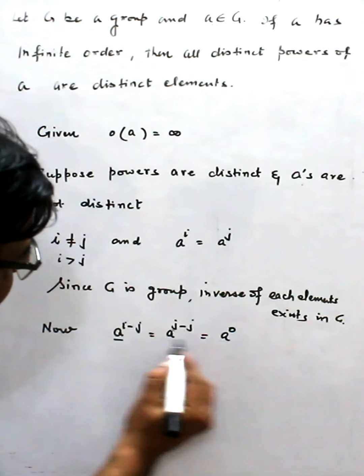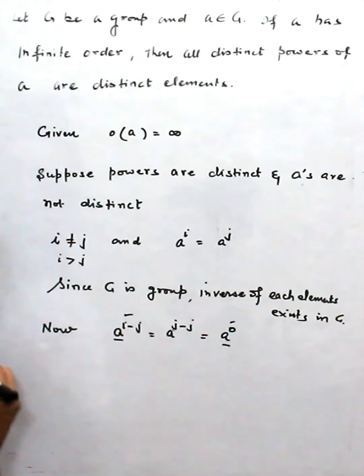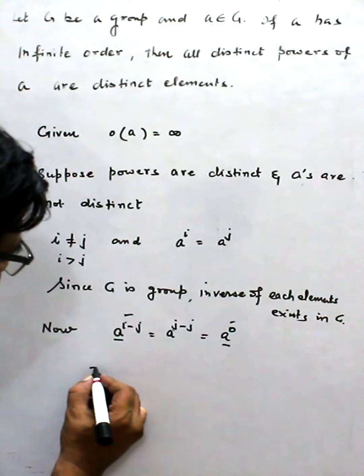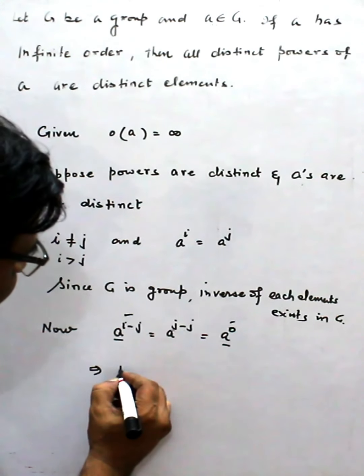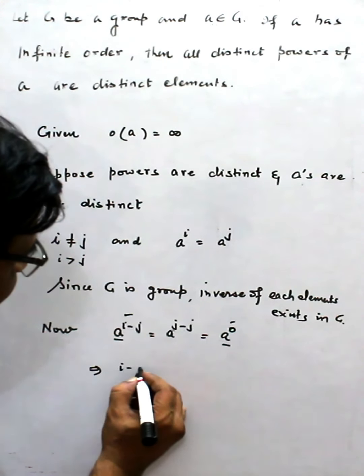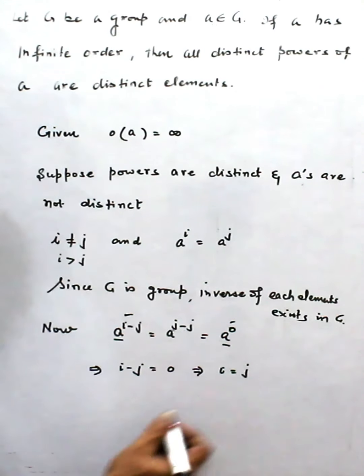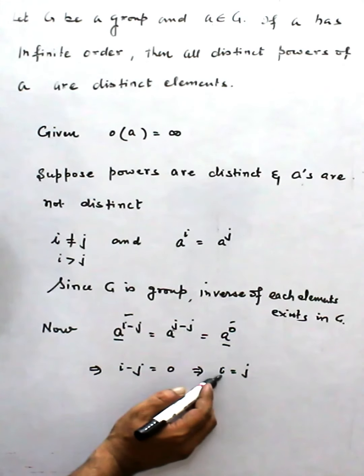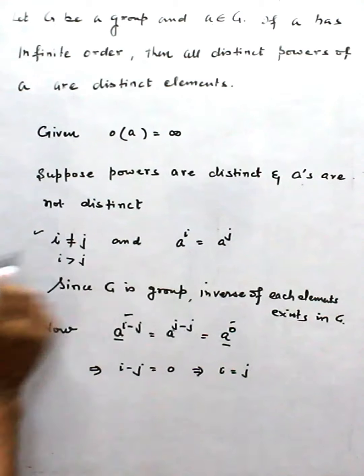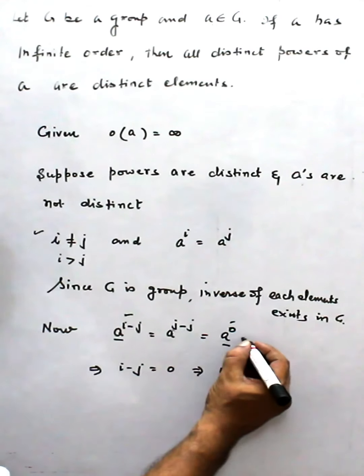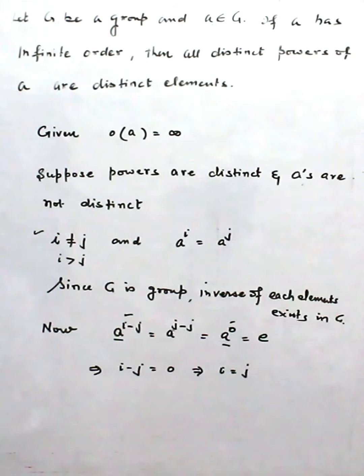So this means the base is same and the powers, we are taking this, the base is same. So here what I get is I minus J is equal to 0, and this means I is equal to J. But we supposed that I, J are not equal. One way is this. Other way, this is also equal to identity.